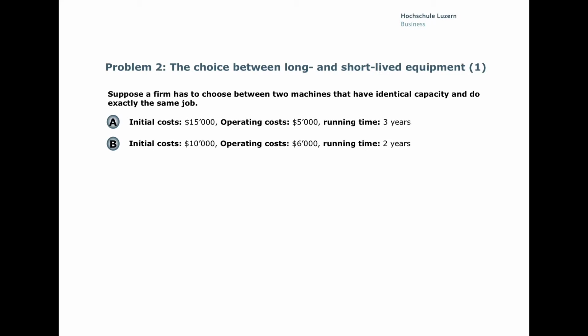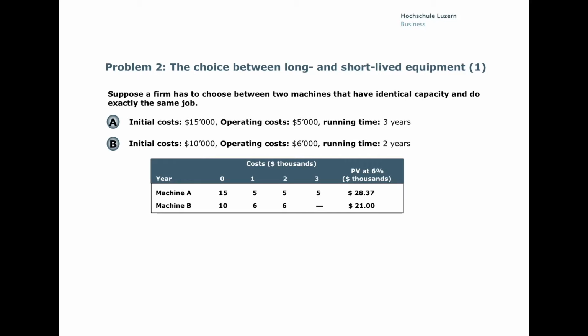Machine B has initial costs of only $10,000, slightly higher operating costs of $6,000 and a running time of 2 years. Computing the present value of these costs for each machine using a discount rate of 6% implies that the present value of machine A corresponds to $28,370, while the NPV of machine B is $21,000.